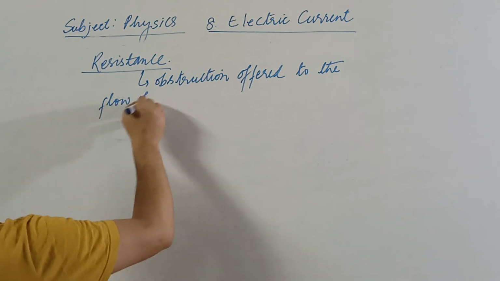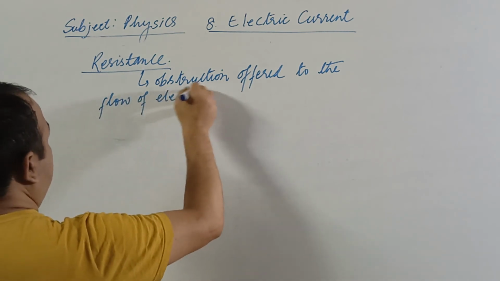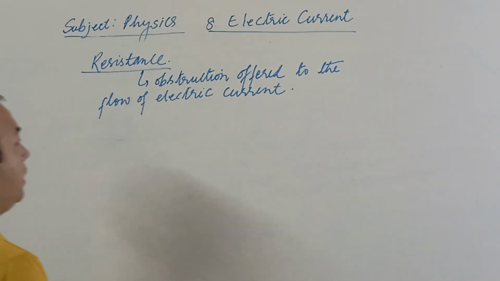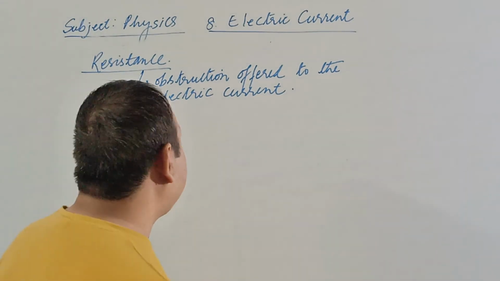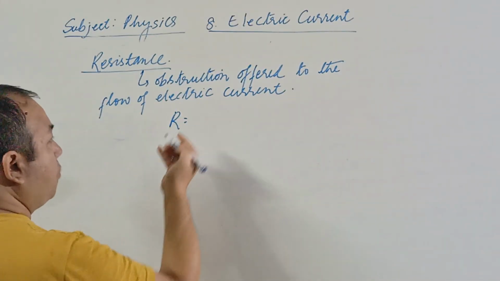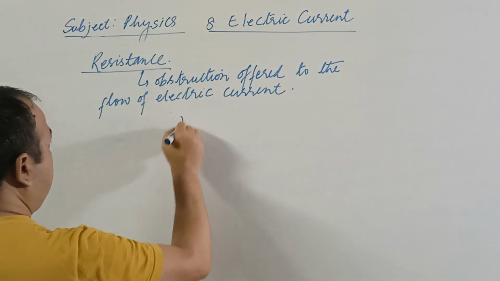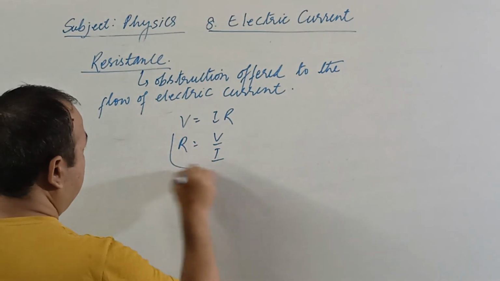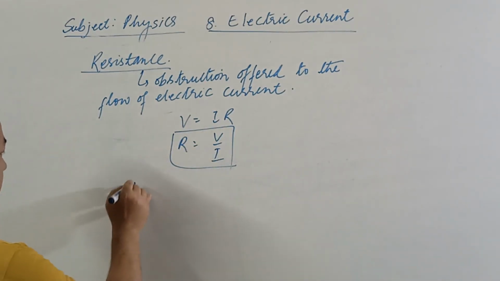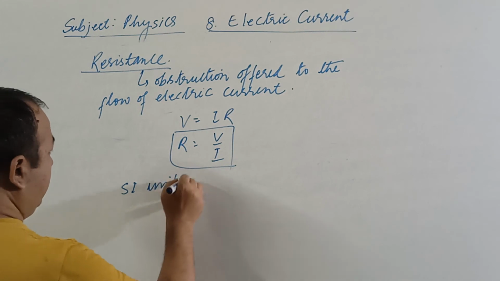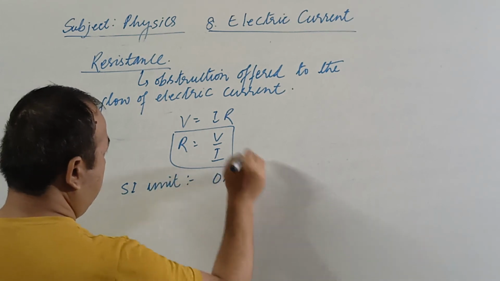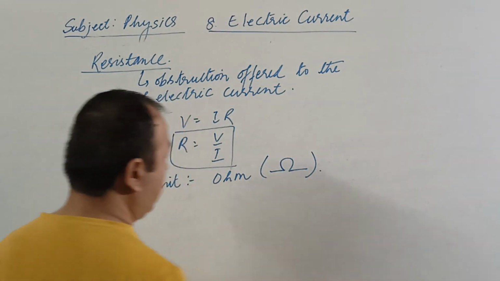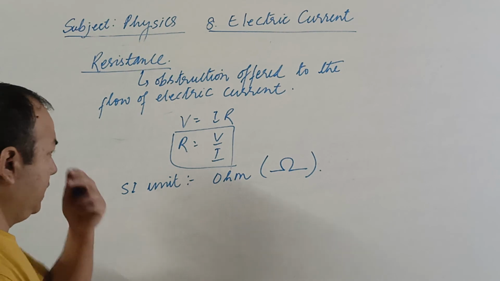It is denoted by capital letter R. Its mathematical expression: from Ohm's law we know that V is equal to IR, so R will be equal to V upon I. Its SI unit is ohm, and the symbol of ohm is written by omega like this.